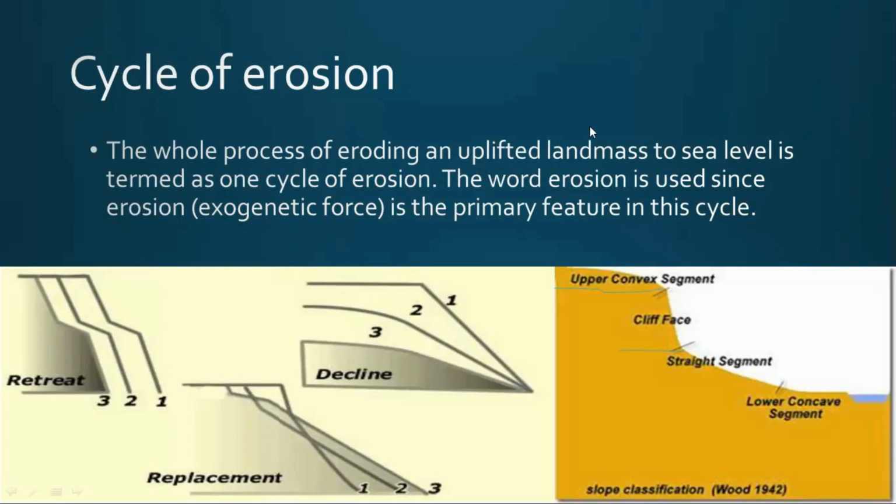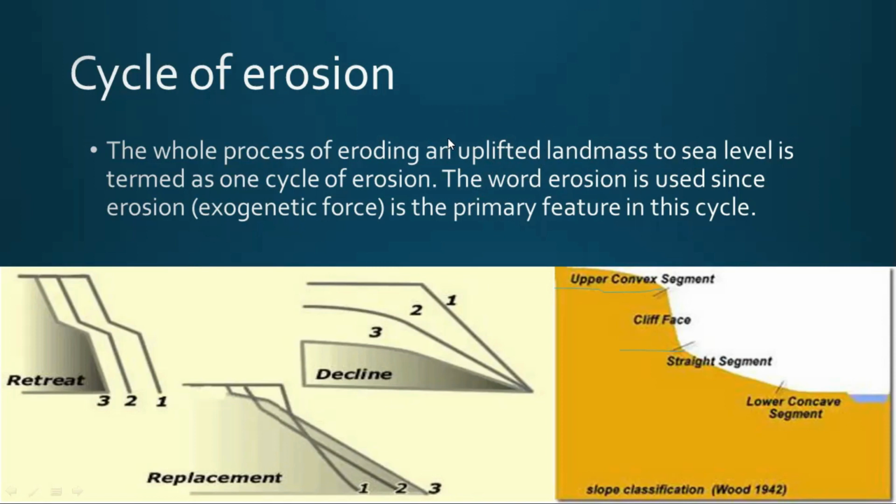Now over here, the term uplifted is very important because once a landmass is eroded to sea level, it has to be uplifted again, from the sea level, so that it can be eroded back to the sea level.